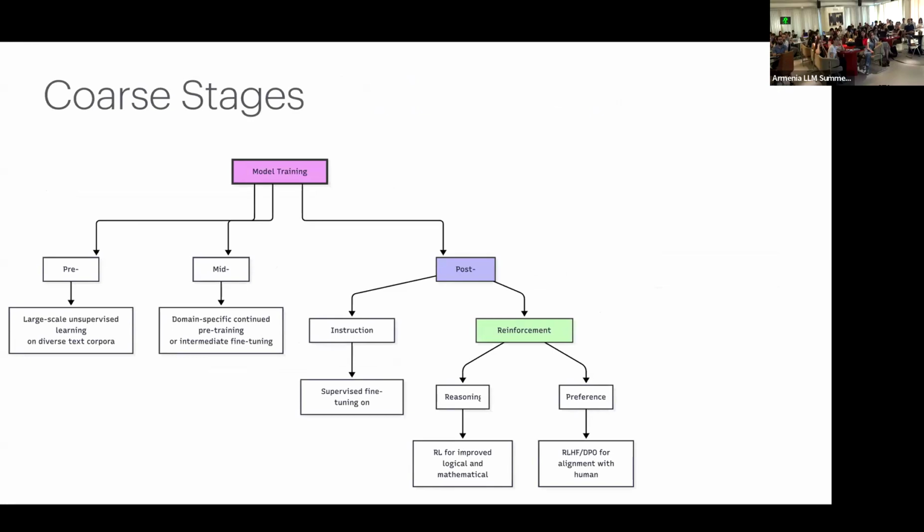You'll hear people talking about a pre-training stage, a mid-training stage, and a post-training stage. A lot of the work right now is going on within post-training, where you'll hear about instruction tuning or supervised fine-tuning, reinforcement learning, and preference optimization. So it's very granular at this point, but on a high level, pre-training is exactly what we talked about initially.